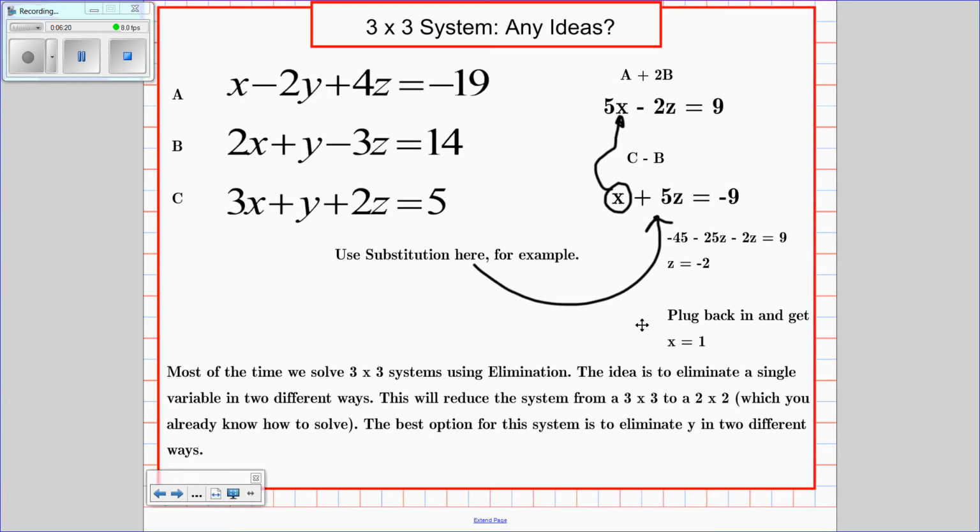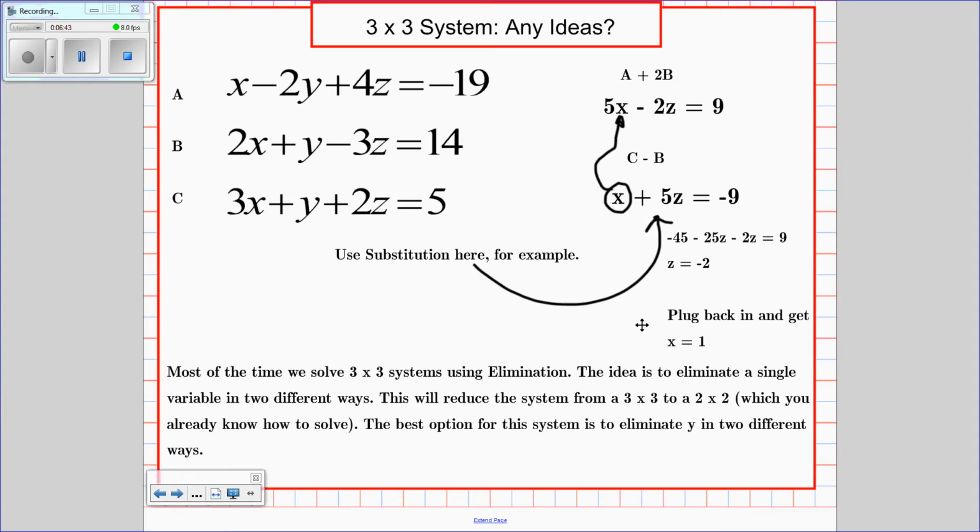If I plug that in and multiply by 5, I get negative 45 minus 25z minus 2z equals 9. When I solve that, I get z equals negative 2. Now, I can plug that back in to the c minus b equation and get x equals positive 1.